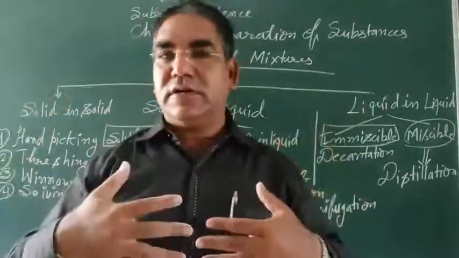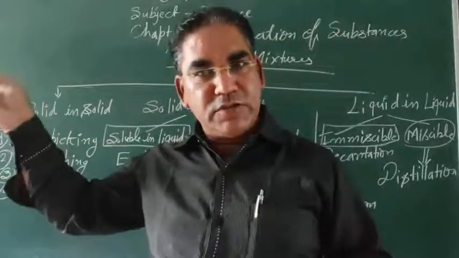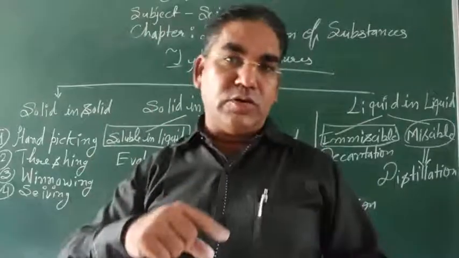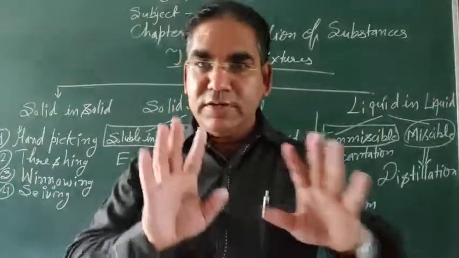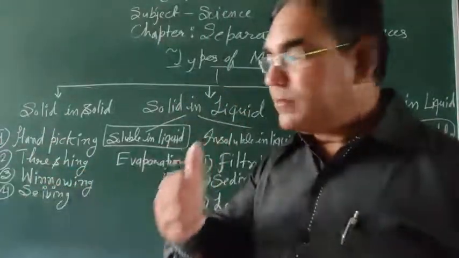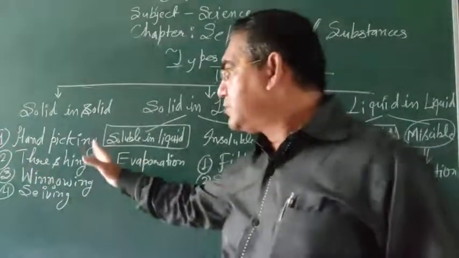We have learnt two liquids may be miscible or may be immiscible. On these types of mixture: solid in solid, solid in liquid, soluble, insoluble, liquid in liquid, miscible and immiscible. So on this nature, the methods we use are of the following types.